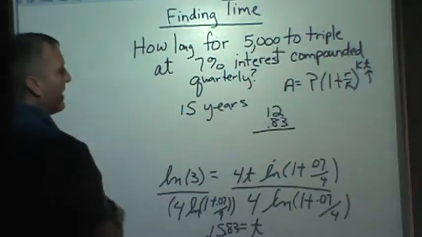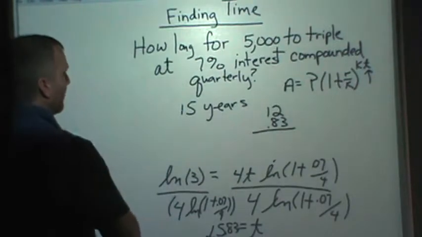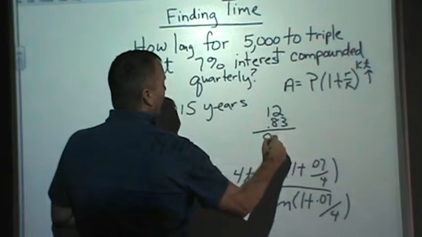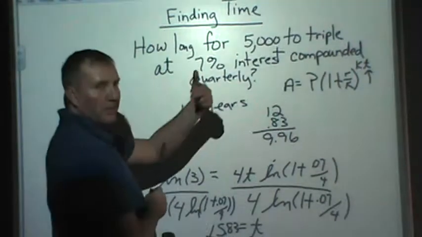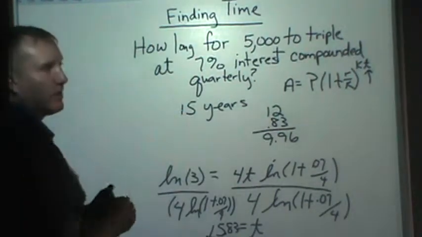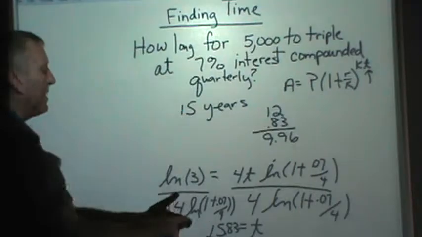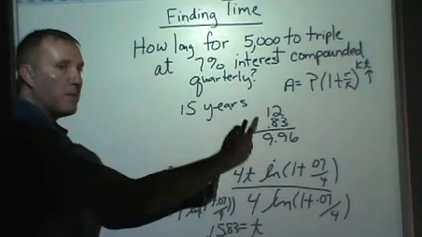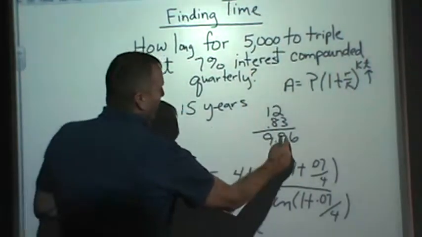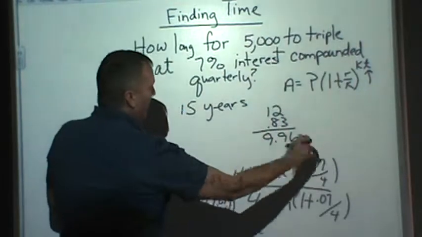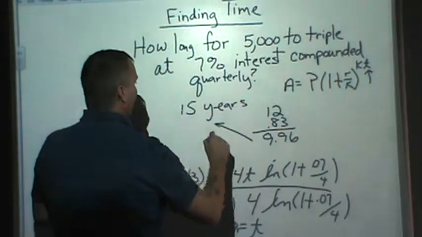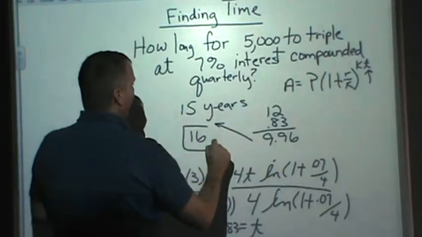Once we multiply that together, we should end up with 9.96. Now it does this every 3 months or quarterly, so at 3 months, at 6 months, at 9 months, and a little bit past 9 months. So it's actually not going to roll back over again until the 12th month, which will make this now 16 years.